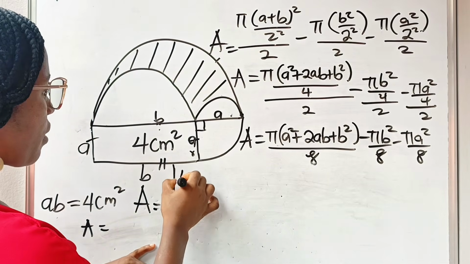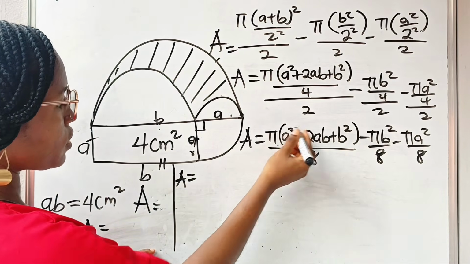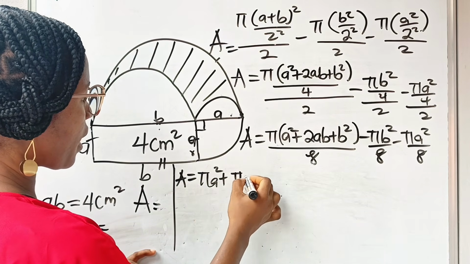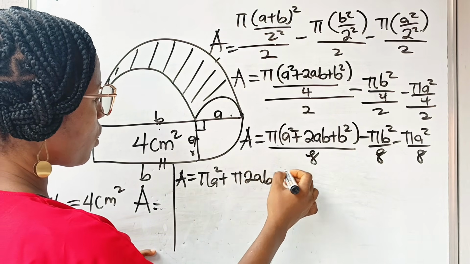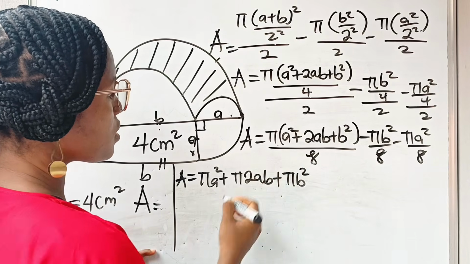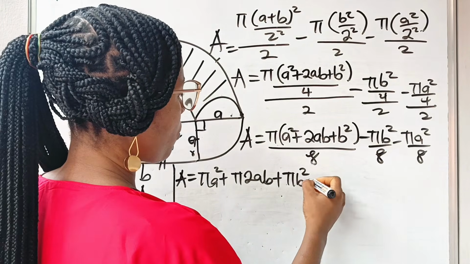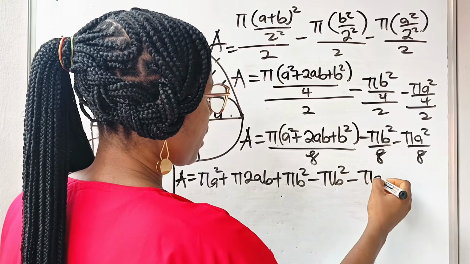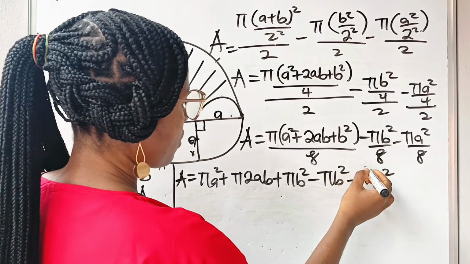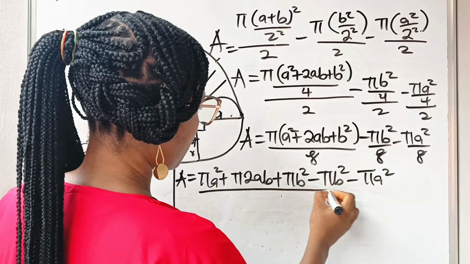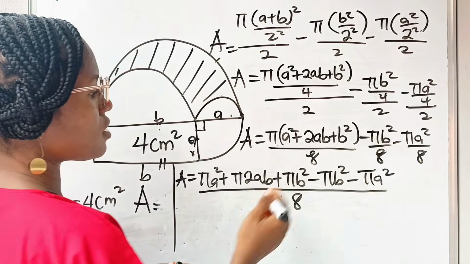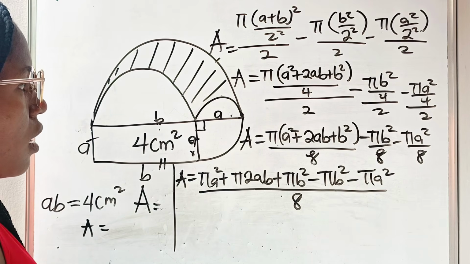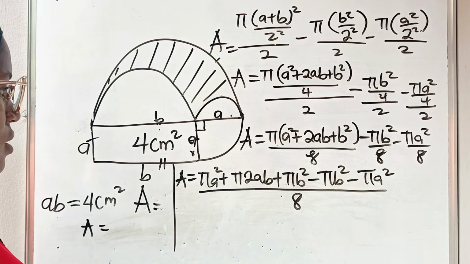So now we have A is equal to, let's open the bracket, pi A squared plus pi 2ab plus pi b squared. Okay, now minus pi b squared minus pi a squared, everything over 8 since they share the same denominator. Now let's see if there is anything we can cancel out.